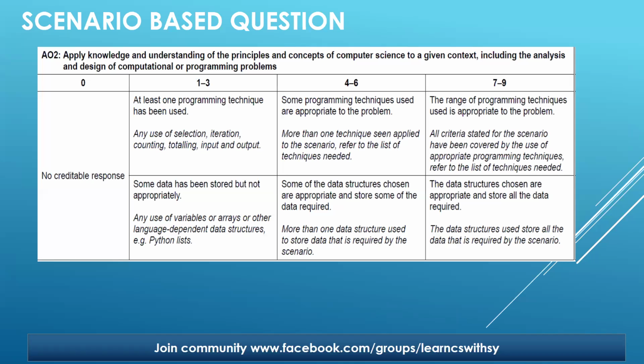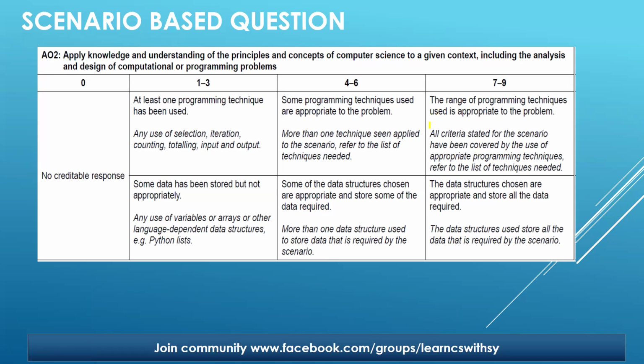In order to score 15 out of 15 in a scenario-based question, the division of marks is as follows. For assessment objective 2, you can score a total of 9 marks if you are following these important things. What are those important things?